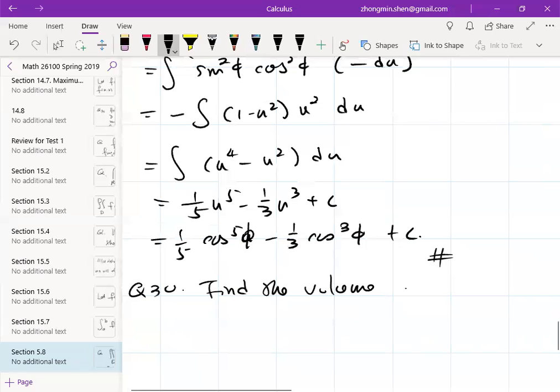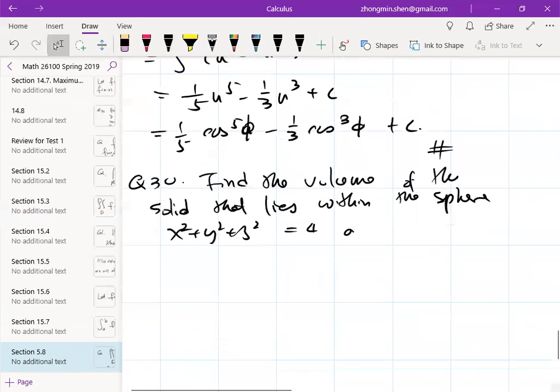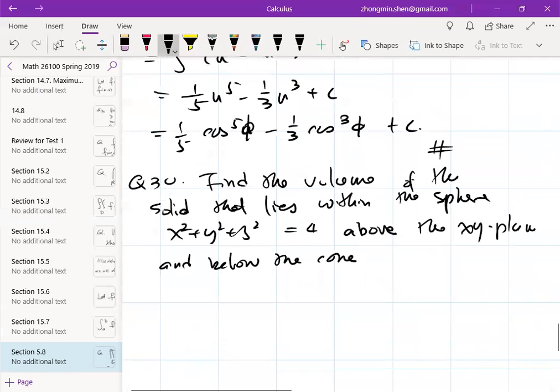Find the volume of the solid that lies within the sphere x squared plus y squared plus z squared equals 4, then above the xy plane and below the cone z equals the square root of x squared plus y squared.